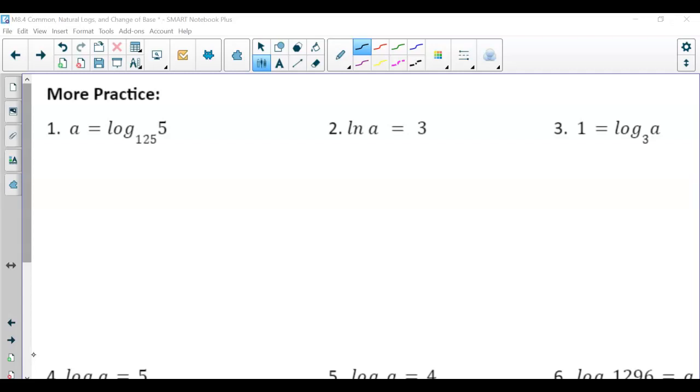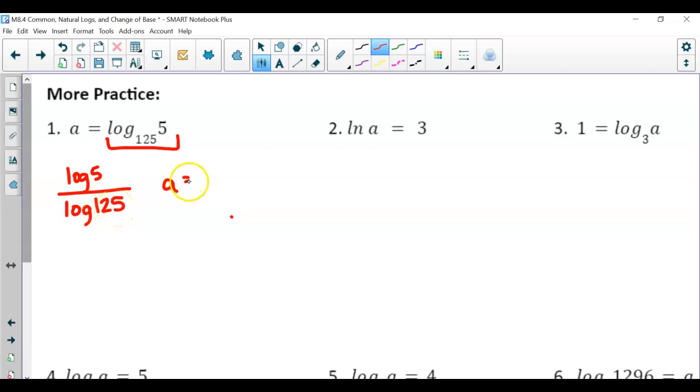And here we go. So in number 1, you should have noticed that you had both values here for the log base 125 of 5. So you could have used the change of base formula here. And so this should have been set up as log of 5 divided by log of 125.